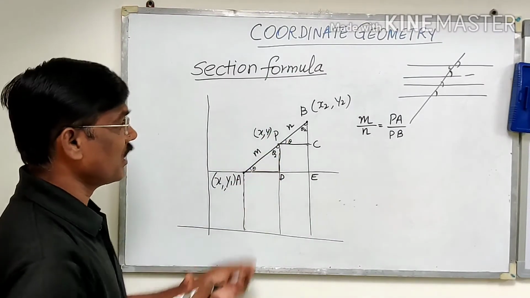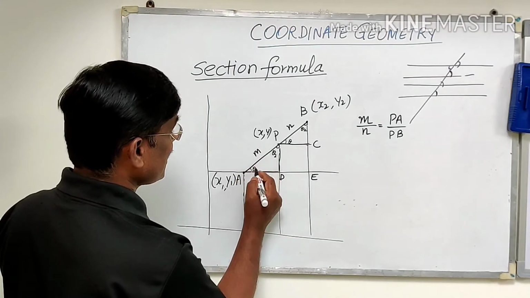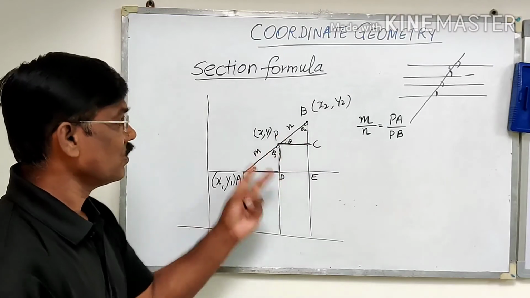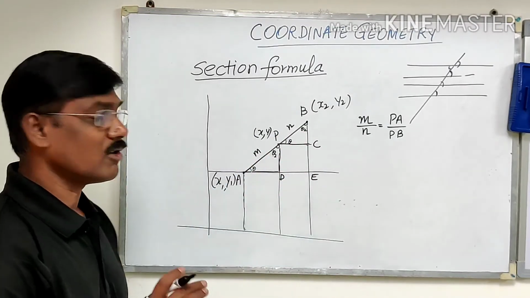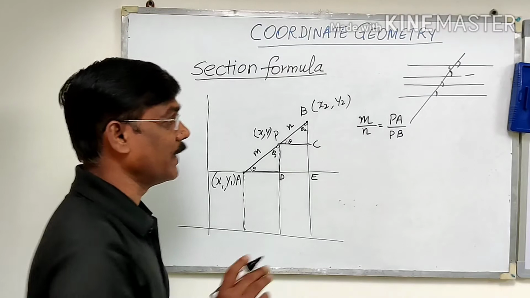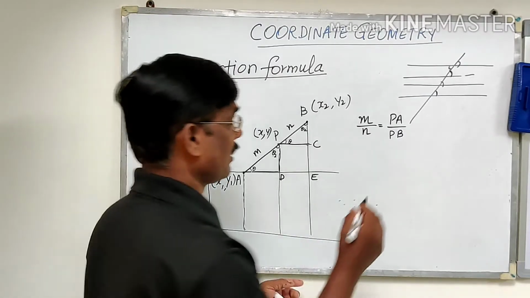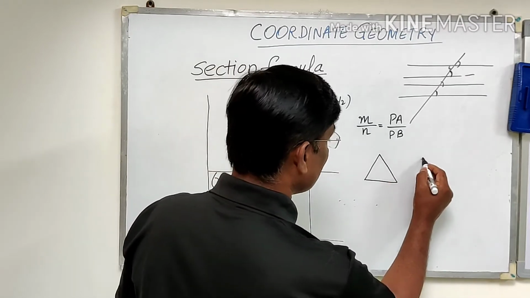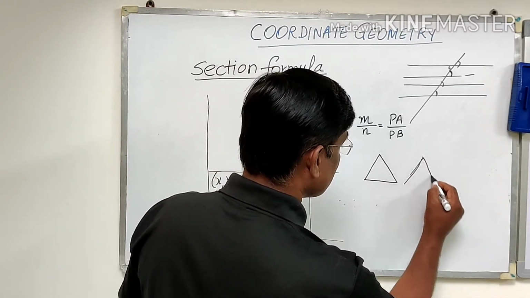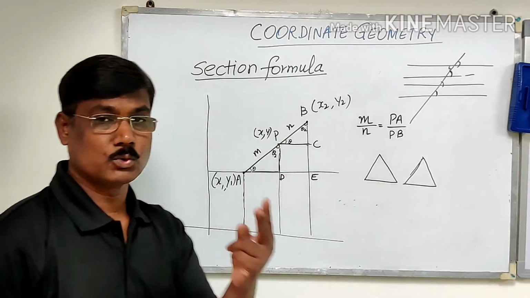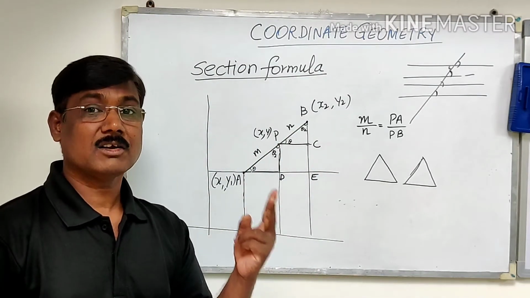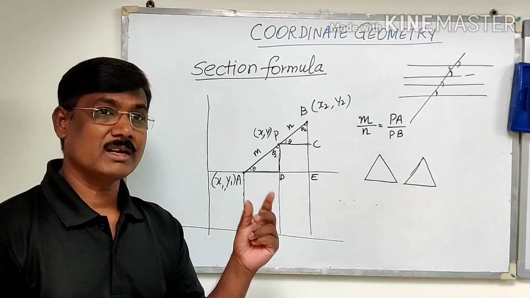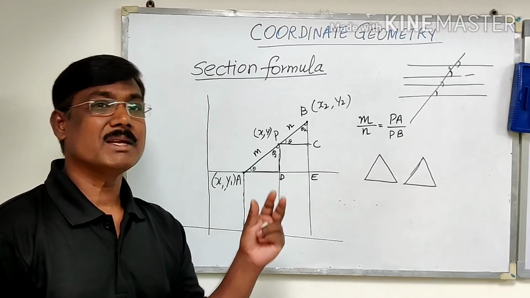What is important here is that this angle is equal to this angle and this angle is equal to this angle. So these two are similar triangles but not of the same size. They are not congruent. What is meant by congruent and similar? Congruent is exactly the same. If you take two 1 rupee coins, they are congruent. But if you take one 5 rupee coin and one 2 rupee coin, they may be similar.